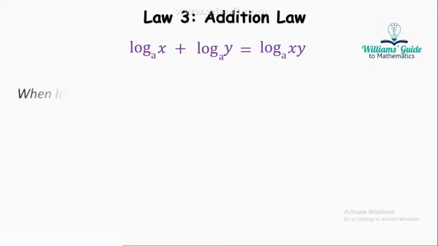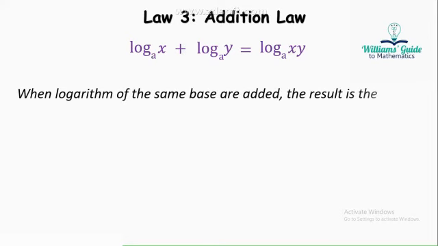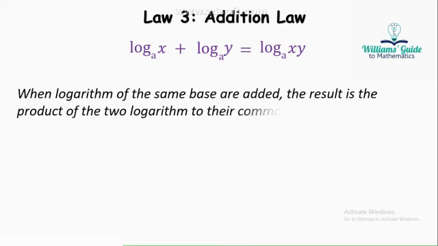The explanation is when the logarithm of the same base are added, the result is the product of the two logarithms to their common base. We have this logarithm of a common base a and a being added. All we need to do is multiply the numbers of the logarithm x and y, and that is what is giving xy, taking the common base.